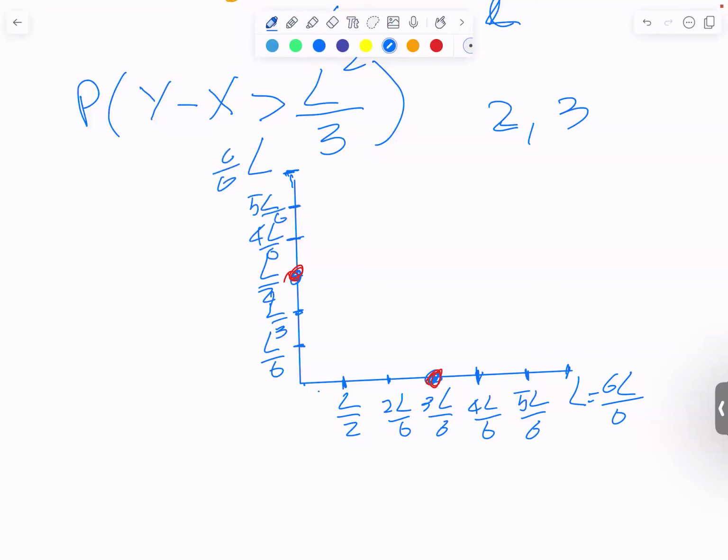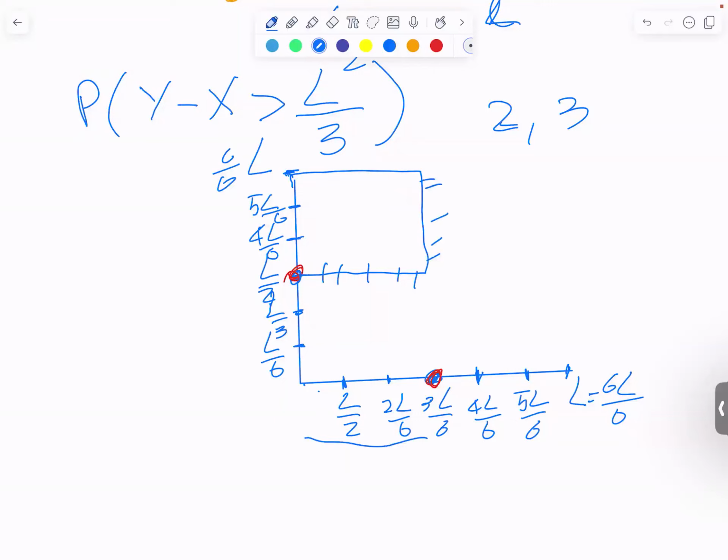Now, the whole domain in the problem is enclosed here. Remember, because the x goes from here to here, and the y goes from here to here.